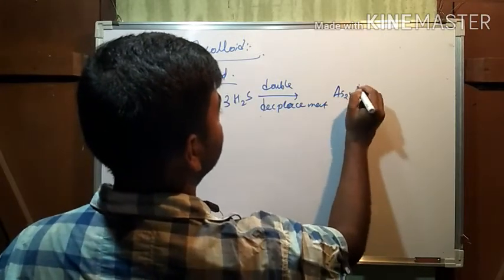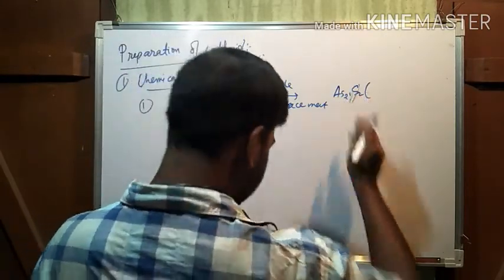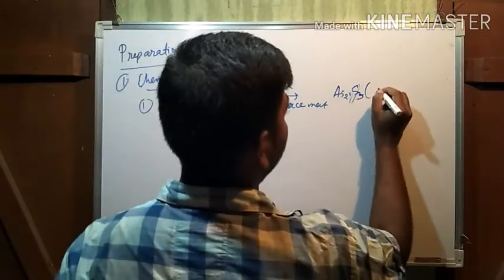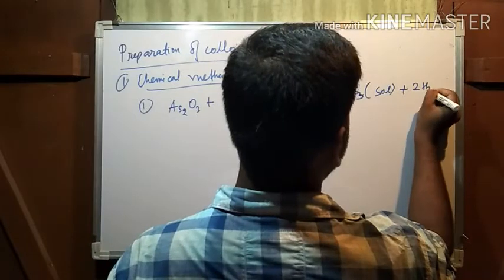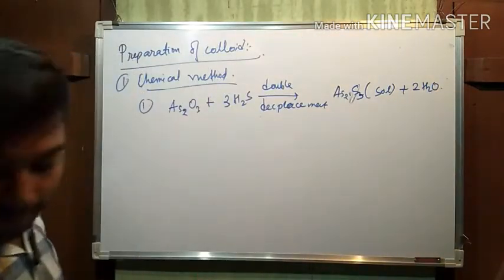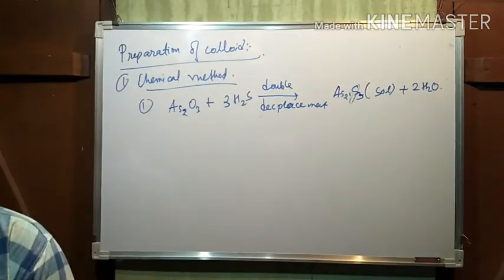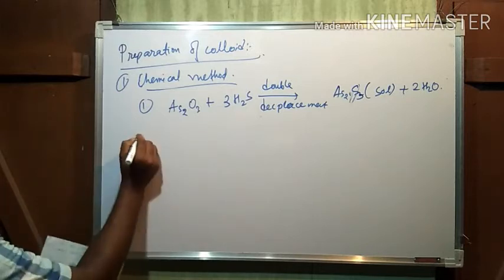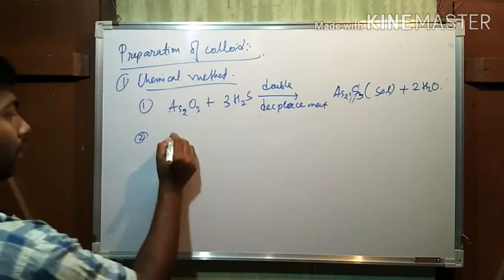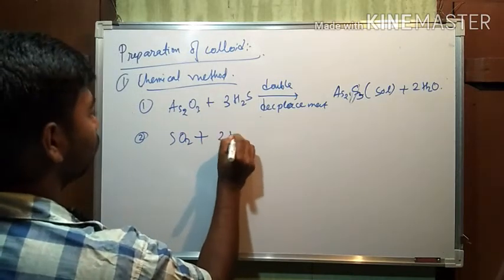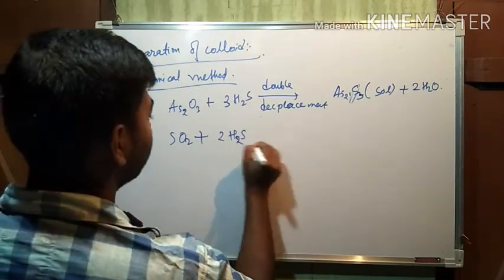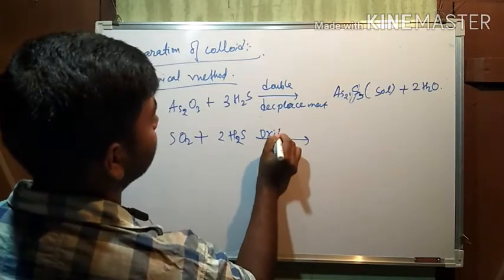And it will produce arsenious sulfide. That means arsenious sulfide is the colloid, plus 2 molecules of water. Next reaction. When sulfur dioxide is reacted with 2 moles of H2S, it is an oxidation reaction.